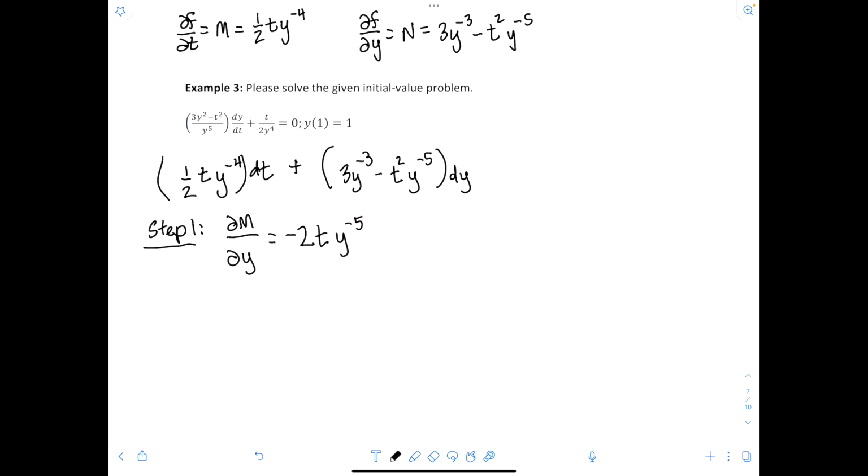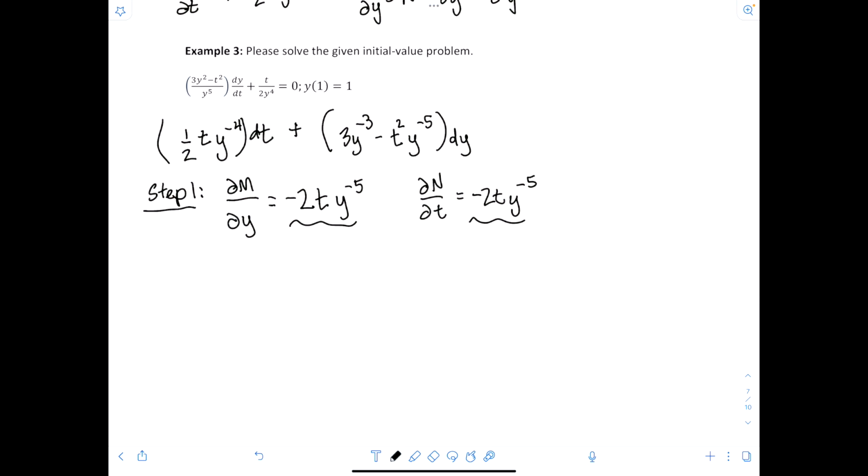All right, and then let's take a look at dN/dt, the first partial of N with respect to t. The first term zeroes out, there's no t's in it, and then the second term we'll get negative 2t y to the negative 5. So they matched, they're a match. So we get to complete the problem.